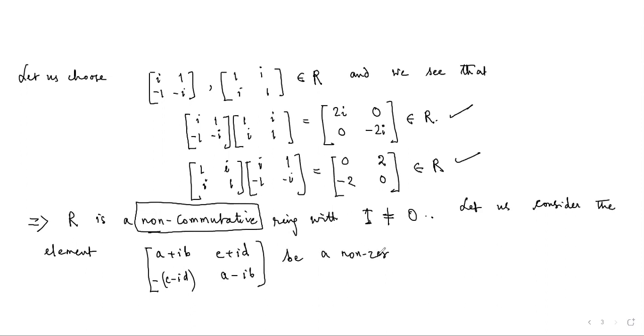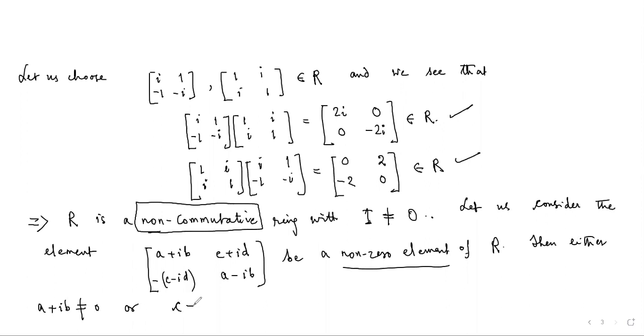I'm choosing this element in such a manner that it is a non-zero element of R. Then if it is a non-zero element, it implies that either A plus iB is not equal to 0, or C plus iD is not equal to 0, or both. In each of these cases, the element will be a non-zero element.